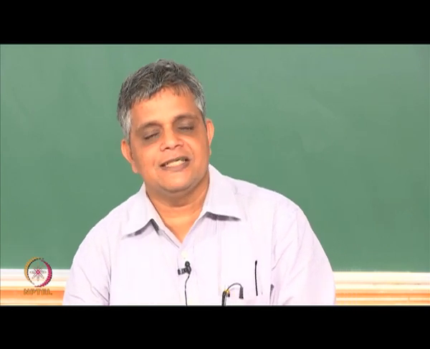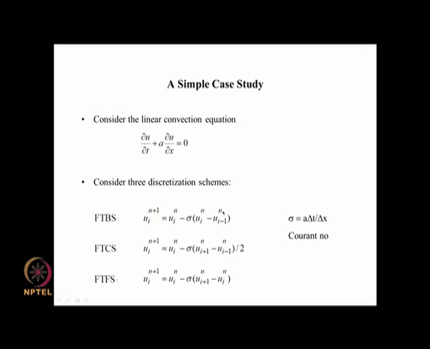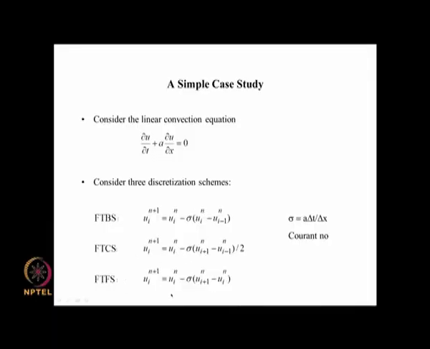So if we can demonstrate that the FTBS scheme is both consistent and stable, then we can expect that the solution that we get by following through with this FTBS scheme is going to be a convergent solution. Okay. Similarly with the FTCS scheme and FTFS scheme, or with any other way of approximating the derivatives, because these are only 3 different ways.